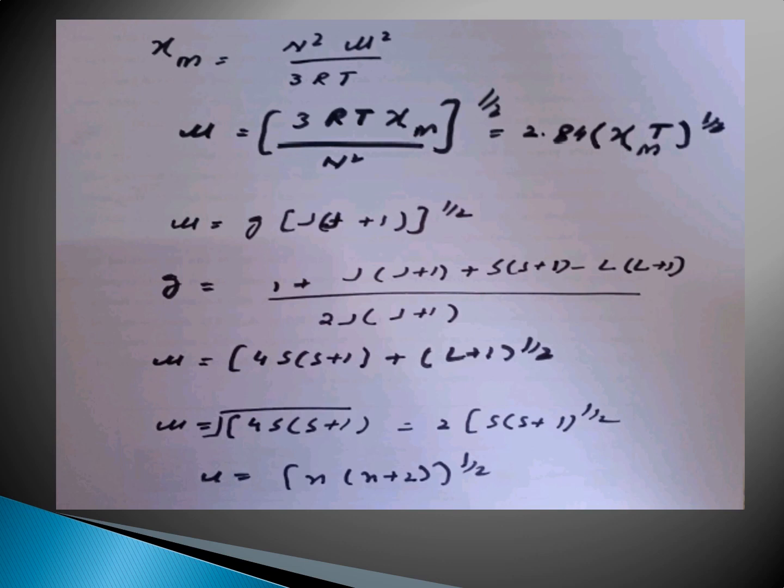By putting in the values, we get the final value of magnetic moment, which is equal to 2.84 into the molar magnetic susceptibility and absolute temperature, into power 1 by 2.